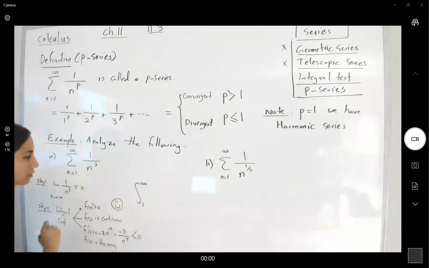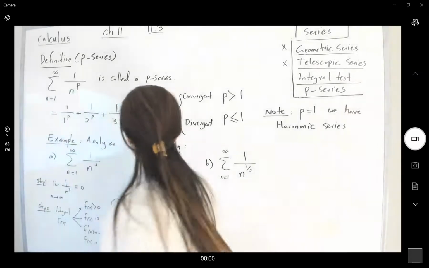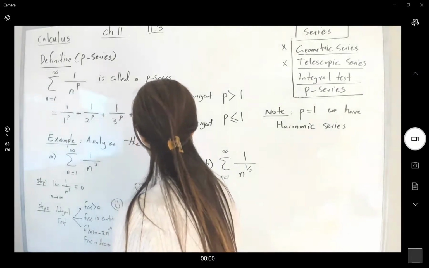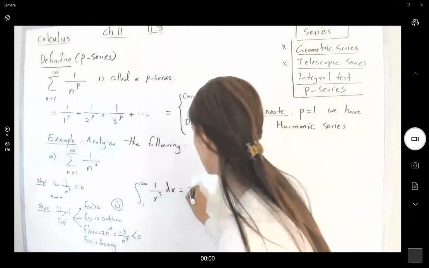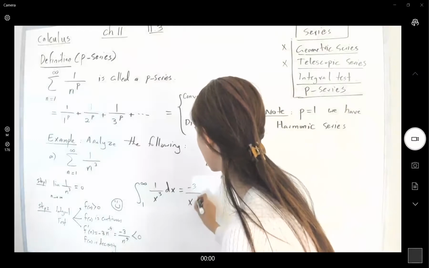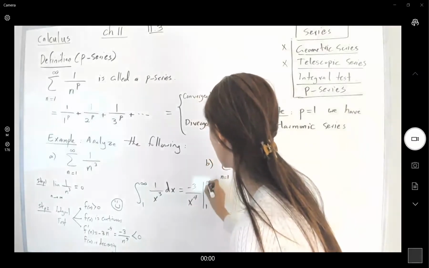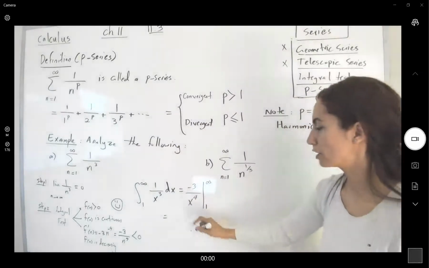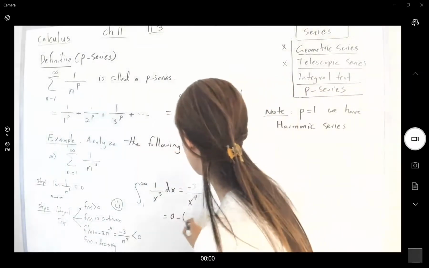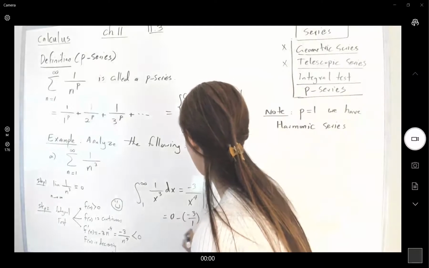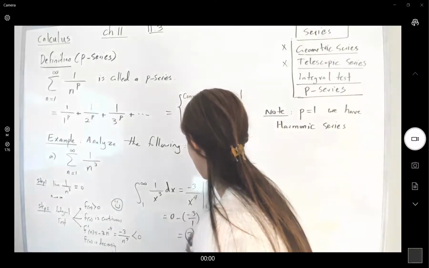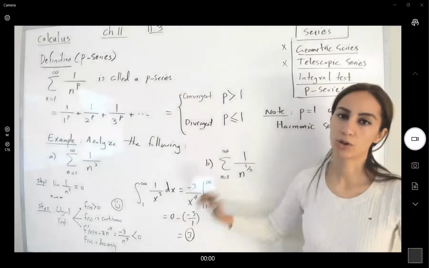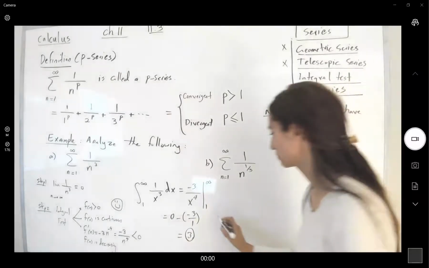The integral from 1 to infinity of 1 over x cubed dx, which is -1/(2x squared), evaluated from 1 to infinity. This guy at infinity is 0, minus the value at 1. Since the integral is convergent, so is the series.